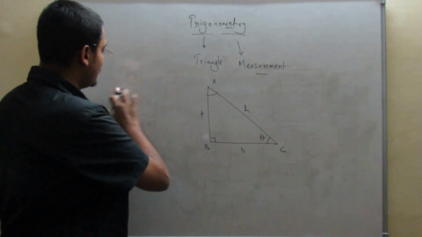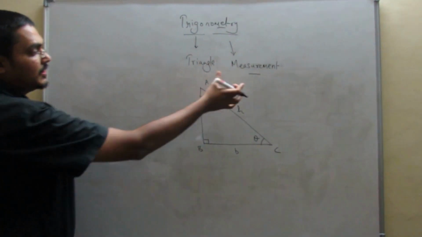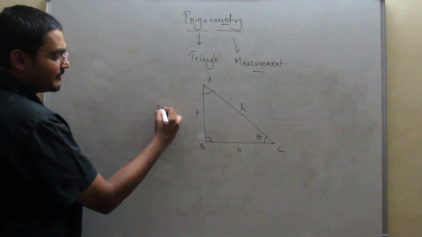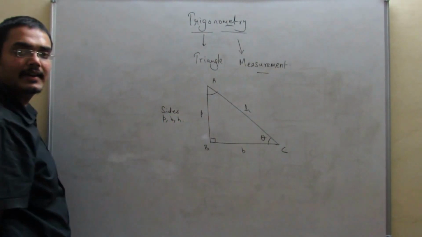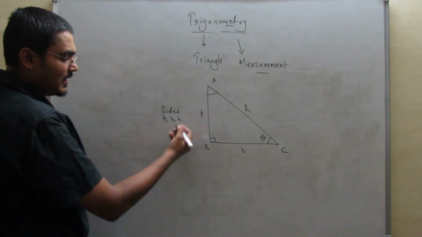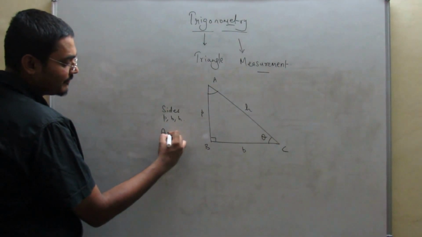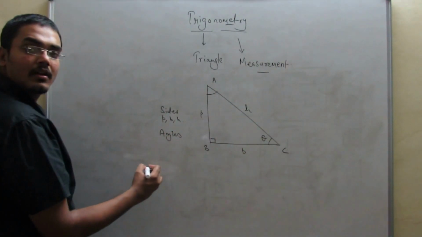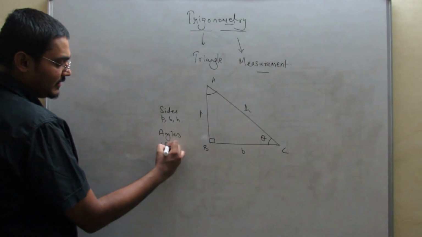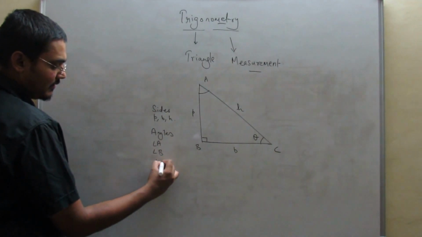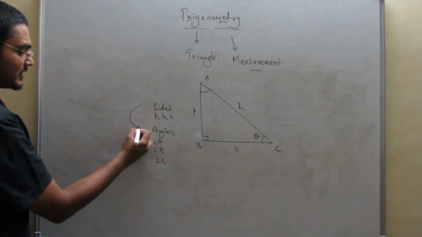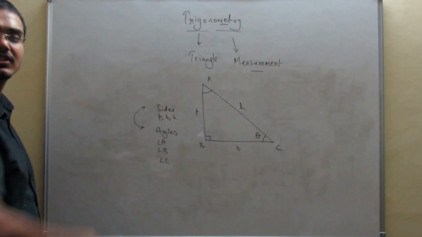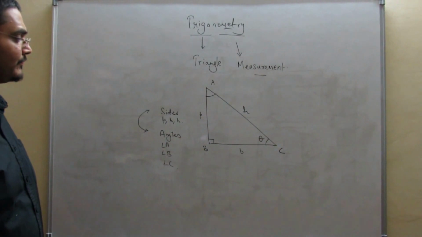Now, if I talk about measurements, so measurements are sides, which are P, B, and H. Other measurements are angles, which is angle A, angle B, and angle C. So when I relate sides and angles with each other, it forms trigonometry.